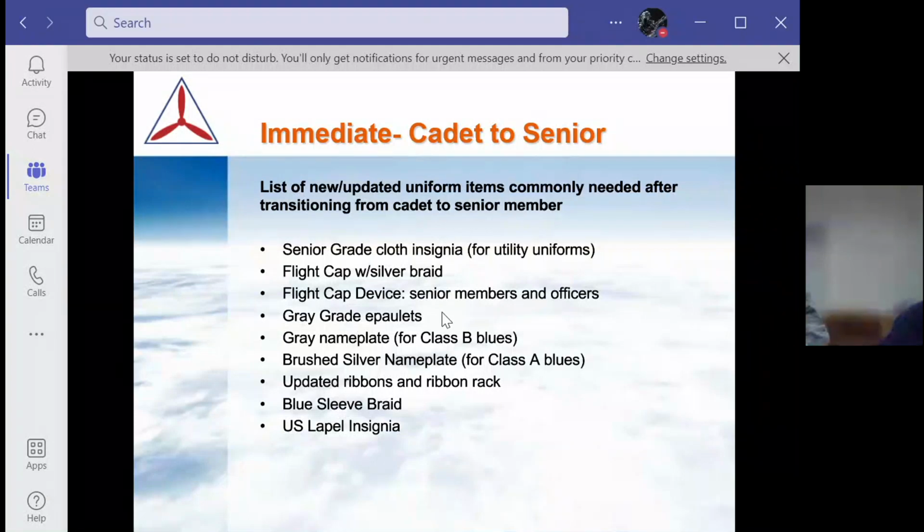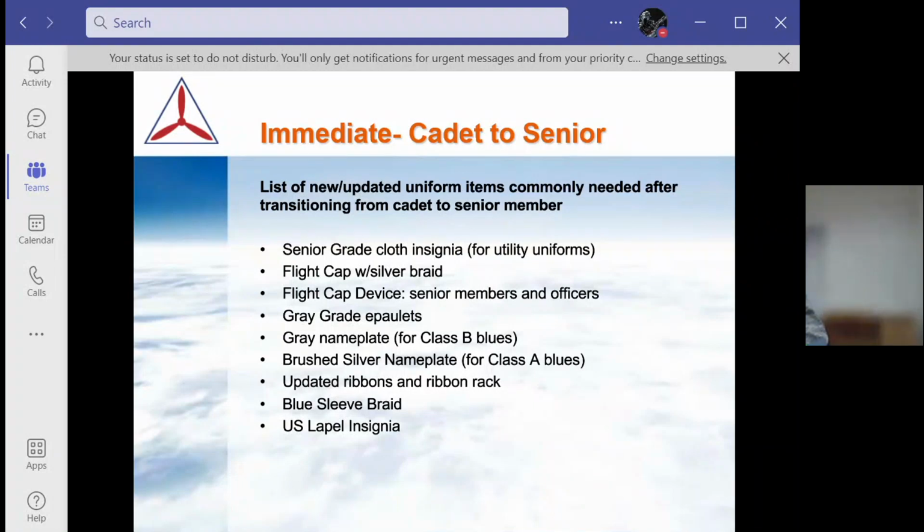Flight cap with device. The flight cap devices change for senior members, so they don't wear their rank on their flight cap for the service dress. Instead of the round cookie that the cadets have, they've got this really ornate eagle-looking one.